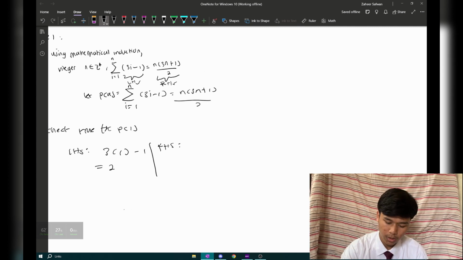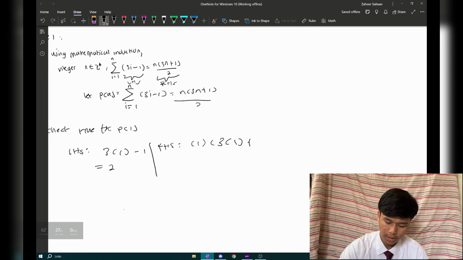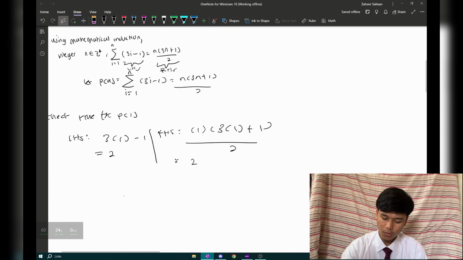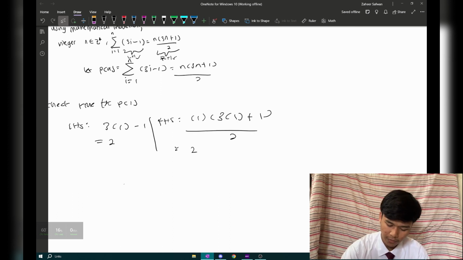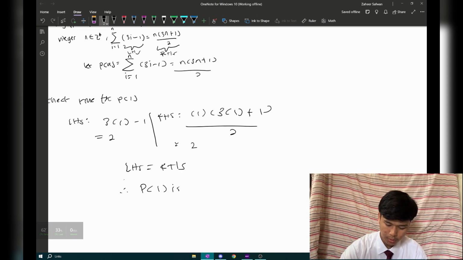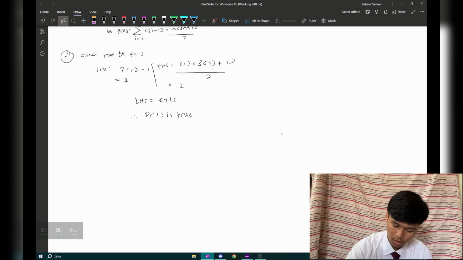For right hand side, we just substitute n with 1 and we get 1(3(1) plus 1) over 2, which is 3 plus 1, 4 times 1 equal to 4 over 2, which is 2. So this shows that left hand side equals right hand side. Therefore, P(1) is true.